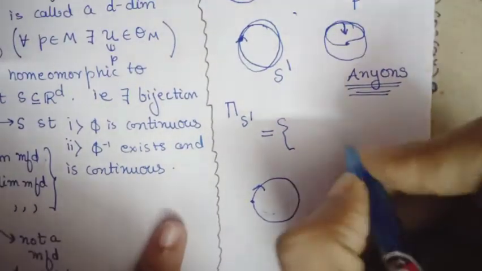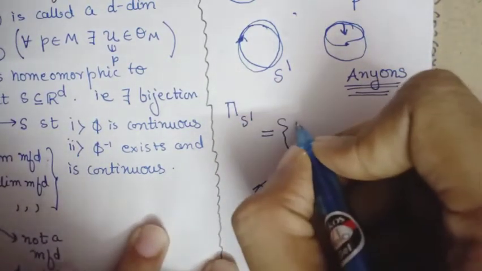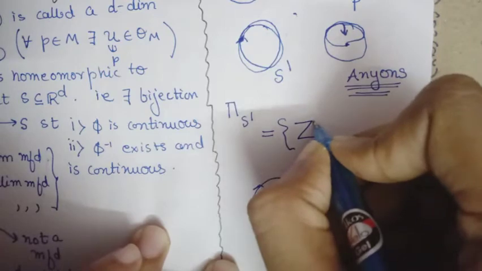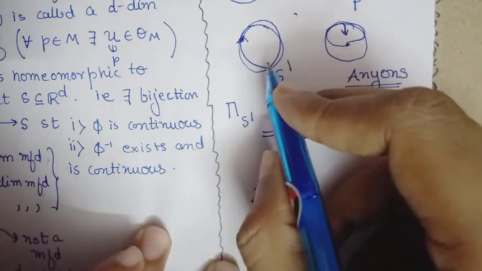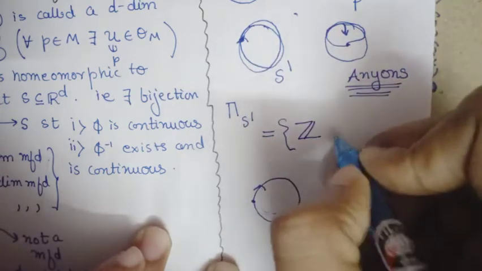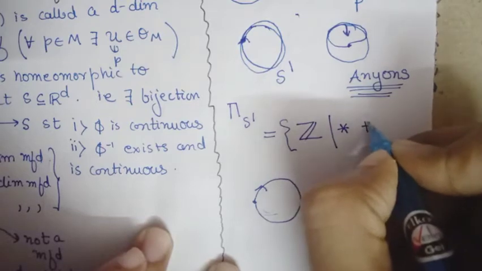So the point is, the collection of all loops possible are all possible integers, because of plus for the clockwise and minus for the anti-clockwise, and the concatenation is similar to adding 2 integers.